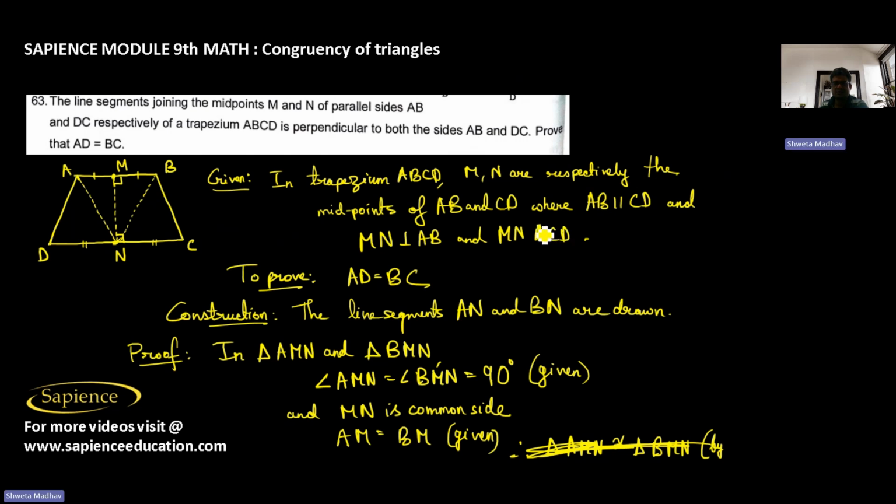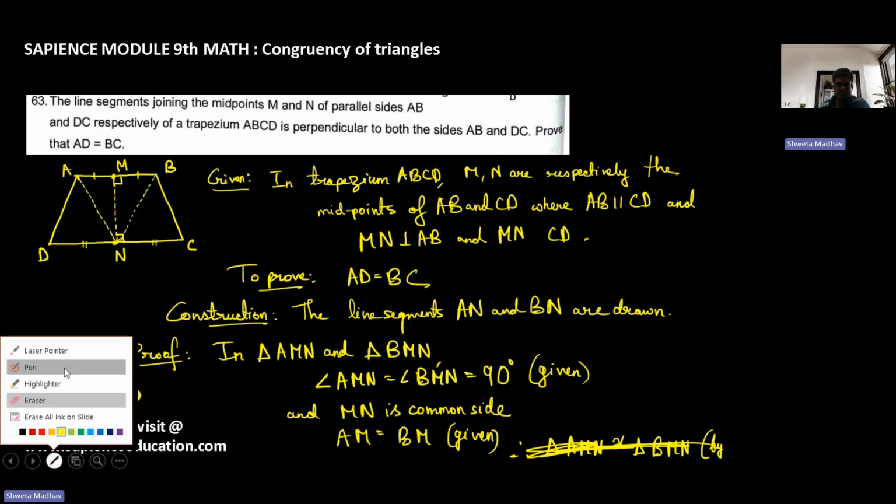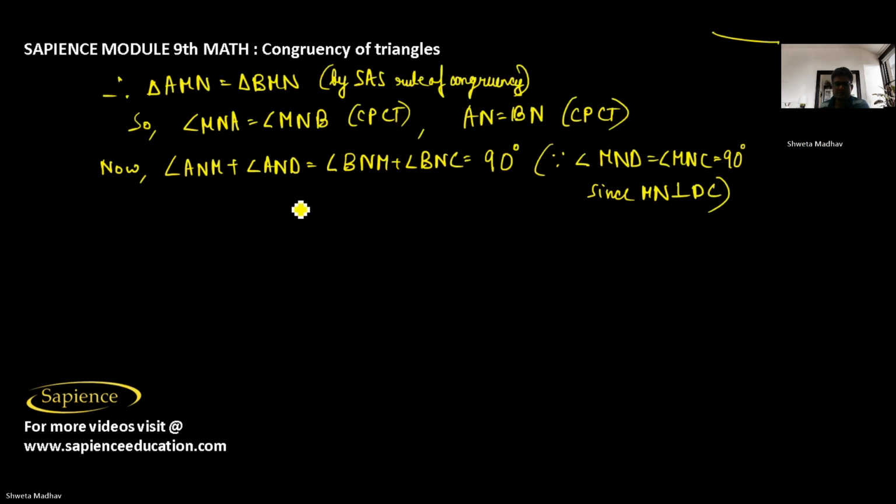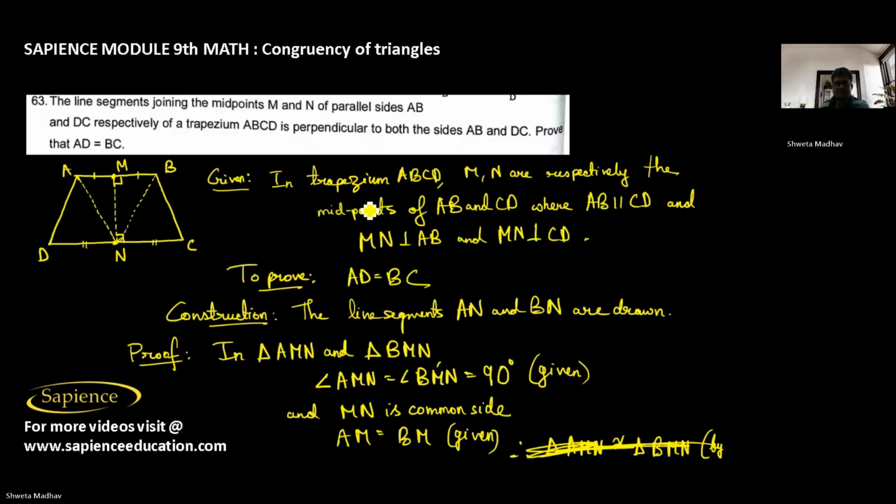MN is perpendicular to CD, and AB is parallel to CD. So therefore MNA and MNB are same. So I can say angle AND is equal to angle BNC.